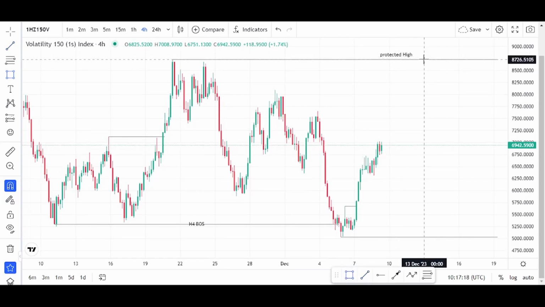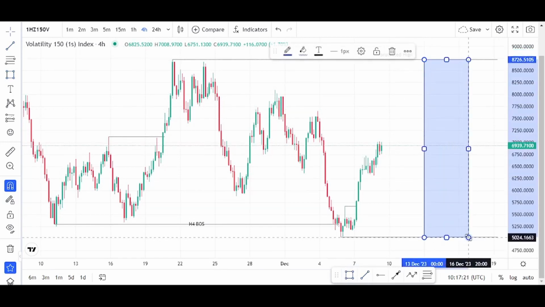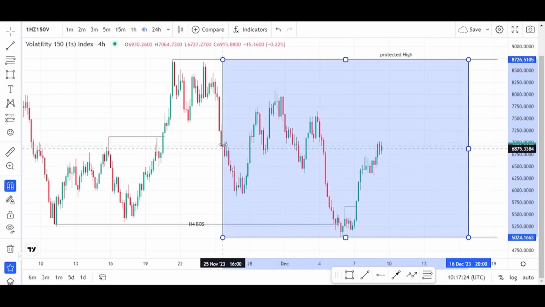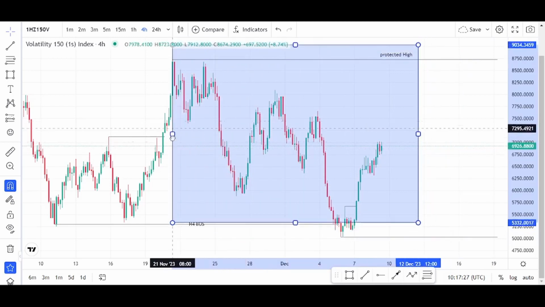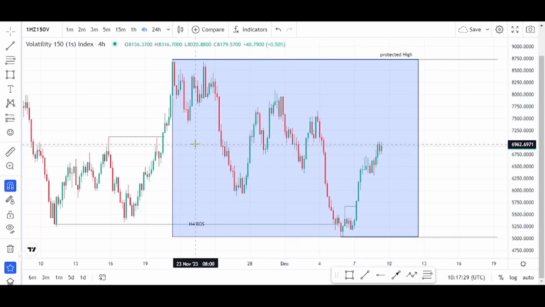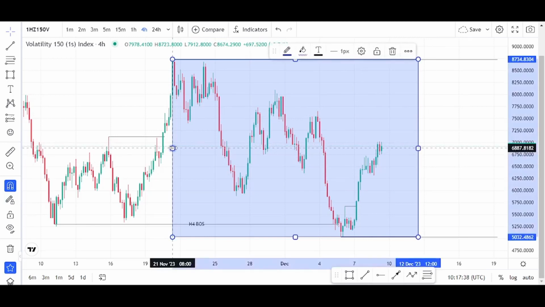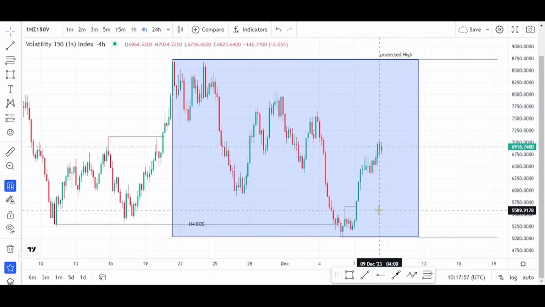So from that high to that low, this will be our dealing range. Thinking at the 50% of that level will be our dealing range equilibrium level, and above that level will be where we anticipate the algorithm to reprice the price lower to target our protected low, to target our weak lows.